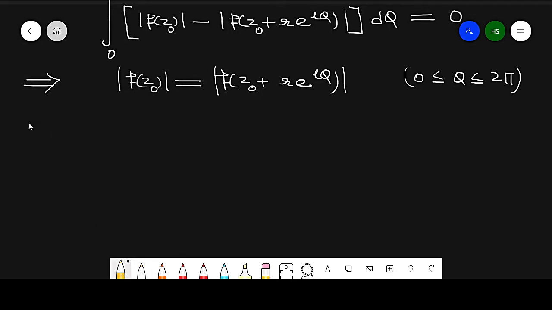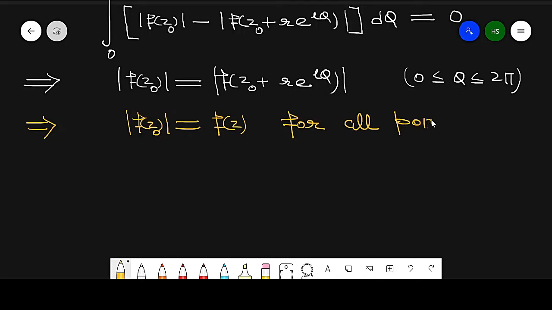This is a point z, nothing but this is a point z naught. So it implies f of z naught. And what is this? This is some point z for all points z on the circle CR.